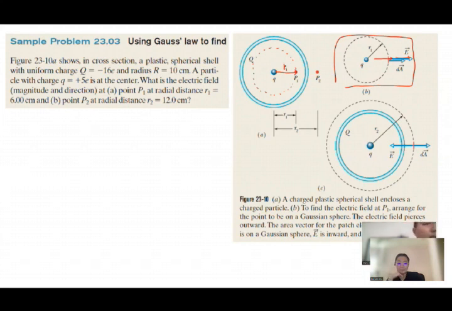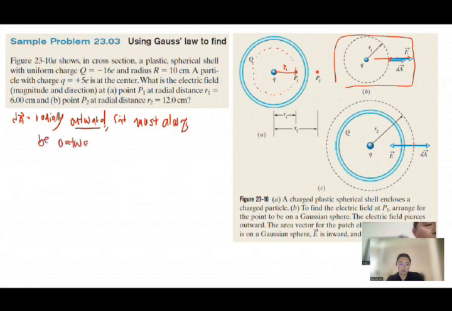So the area vector element should be radially outward always, from the Gaussian surface.